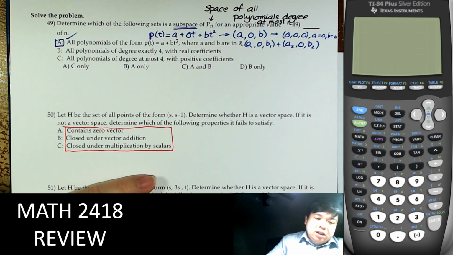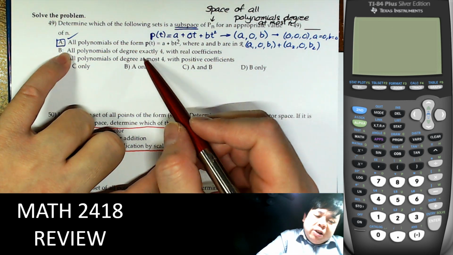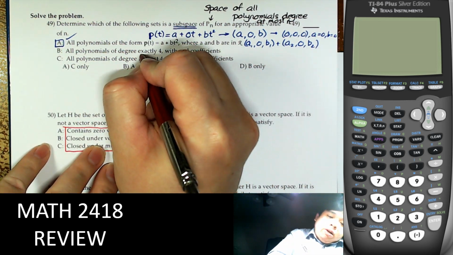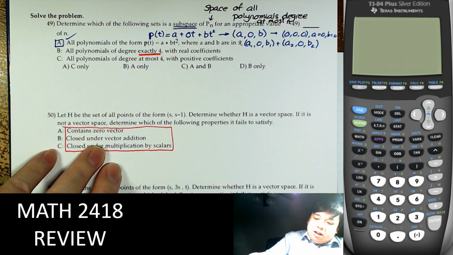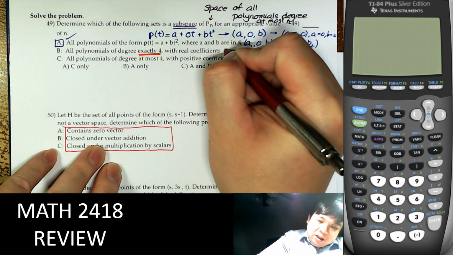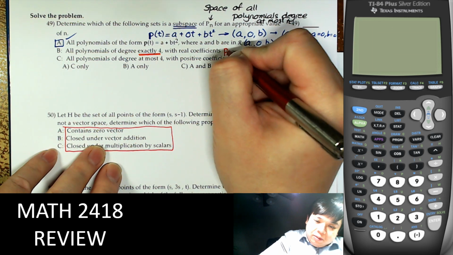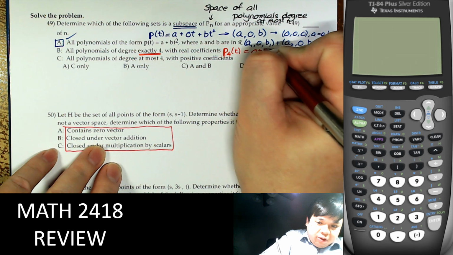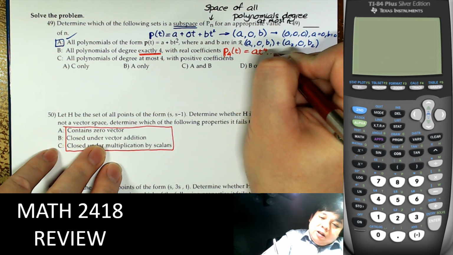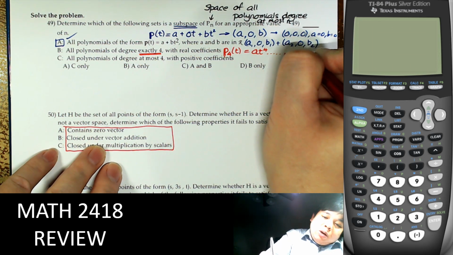Right, next. All polynomials of degree exactly 4. That is the problem here. Degree exactly 4 means that we have to have a t to the 4th term, where a cannot be equal to 0.